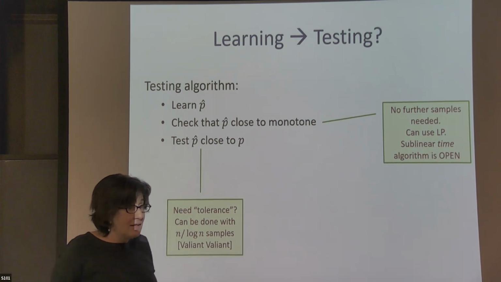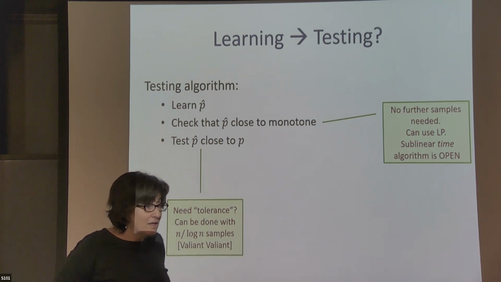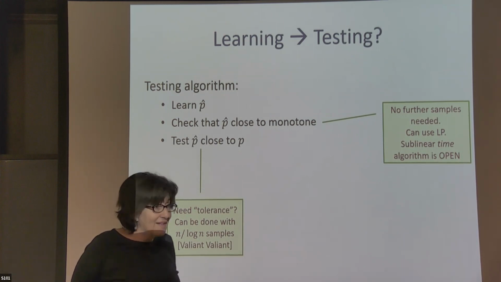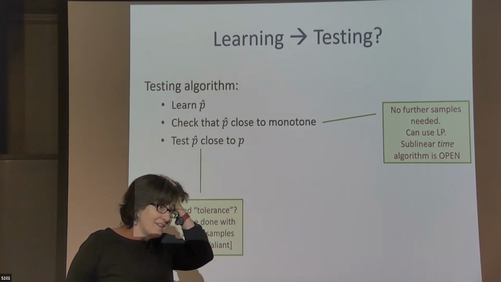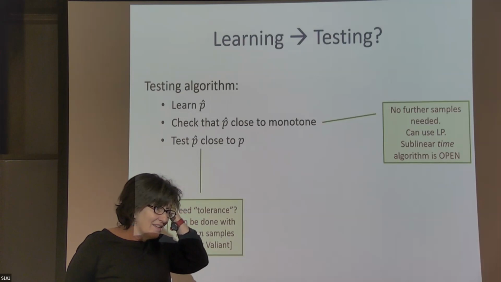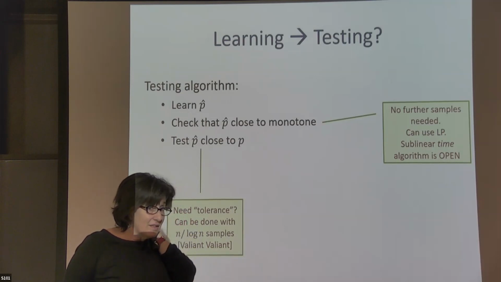So this is still with testing monotonicity versus epsilon far in TV from any monotone distribution, right? Yeah. But on a general level, if I give you the exact distribution, is it easy to compute the distance to a monotone distribution?